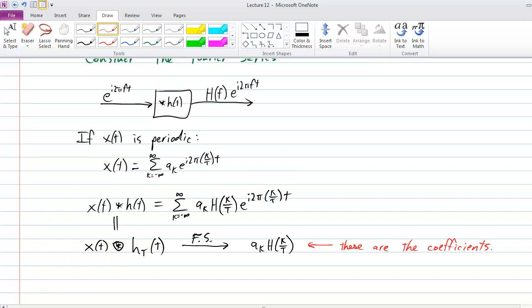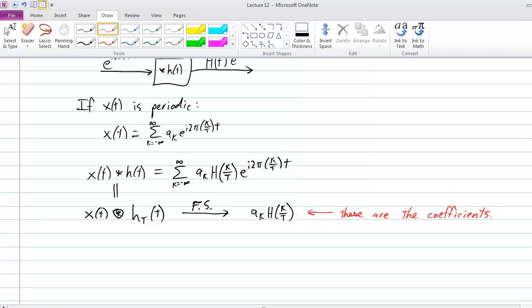Last thing I want to point out here: what I'm trying to show you is that there's a dual to the product rule, or I should say to the convolution rule, for Fourier series as well. In the continuous time Fourier transform, we had that convolution of two inputs was the product of the outputs.